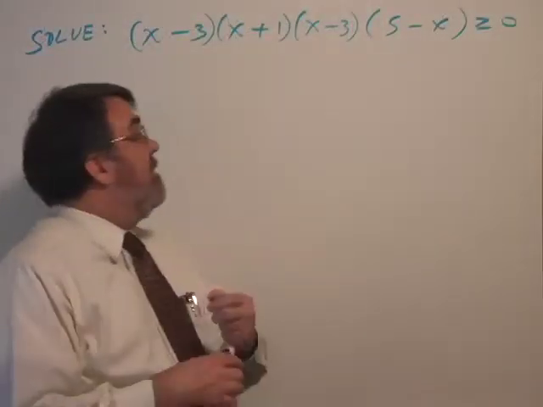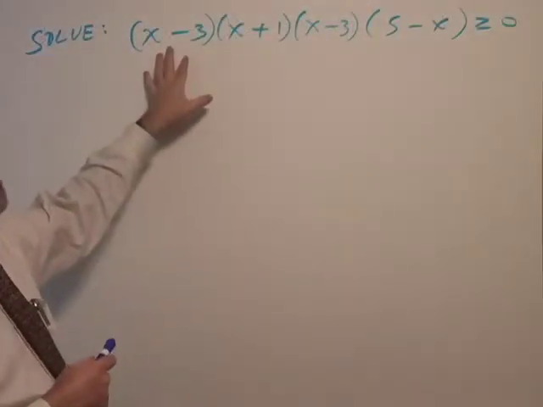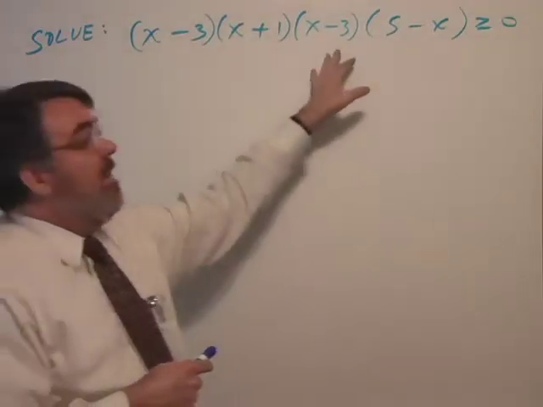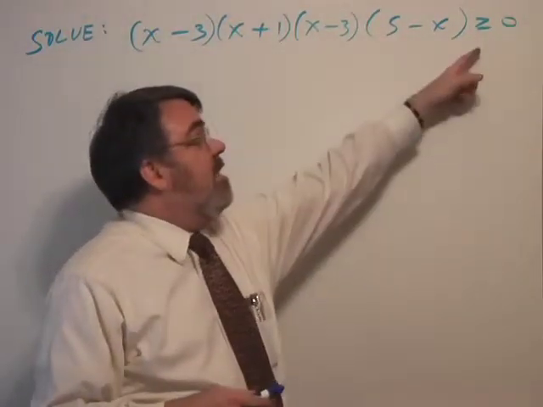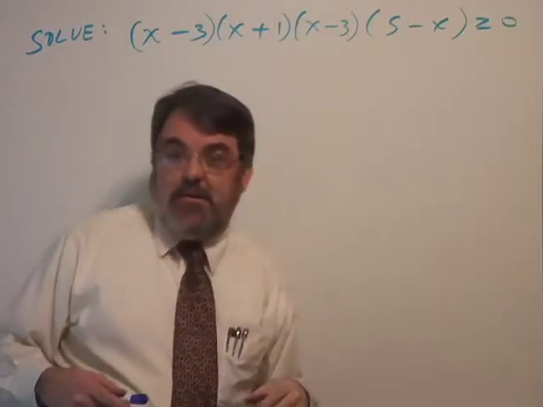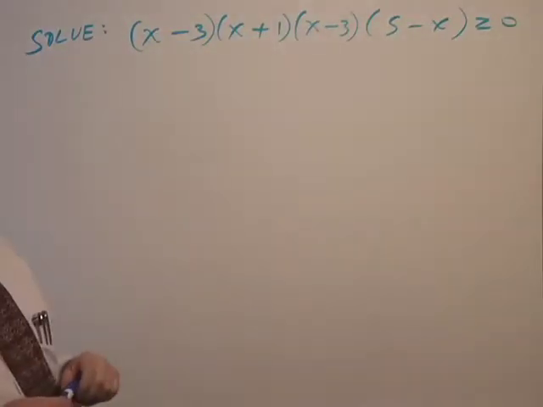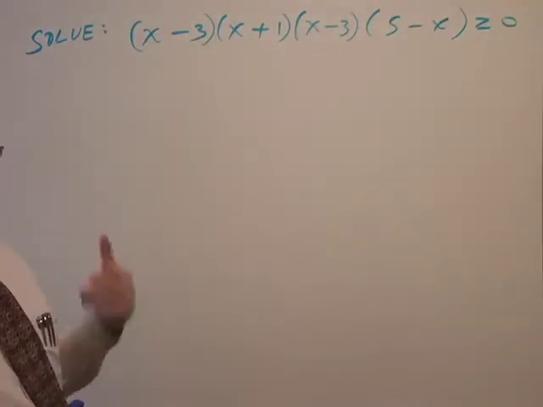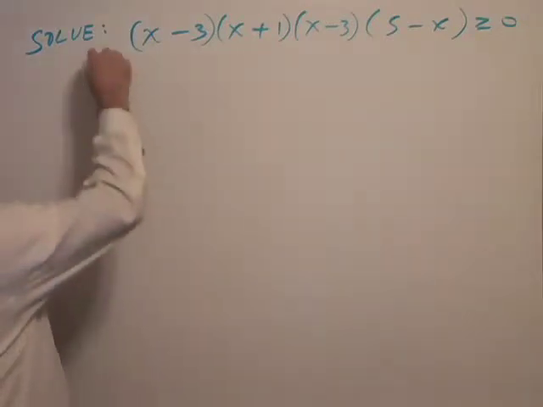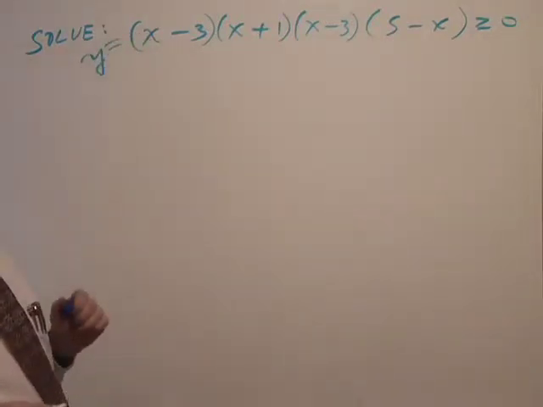Here we go. Solve (x − 3)(x + 1)(x − 3)(5 − x) ≥ 0. I'm going to use the same technique and think about this as a polynomial function.